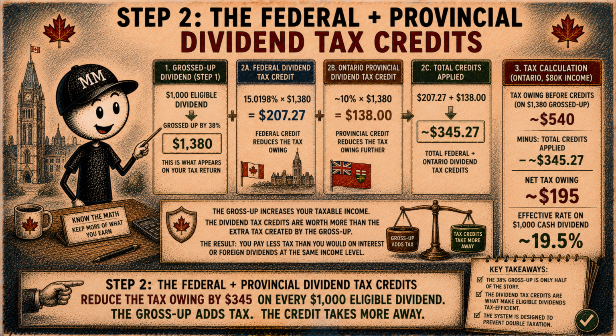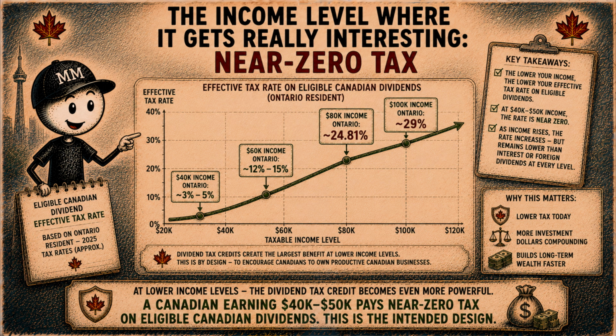Less federal plus provincial dividend tax credits of $345. Net tax on the original $1,000 eligible dividend, approximately $195. Effective tax rate, approximately 19.5% on the actual cash received.